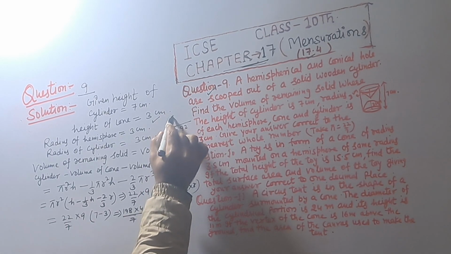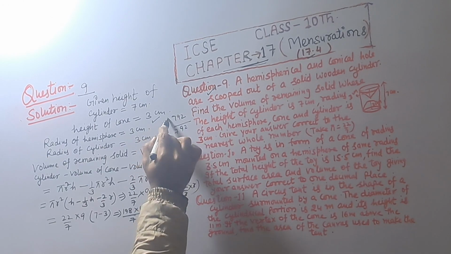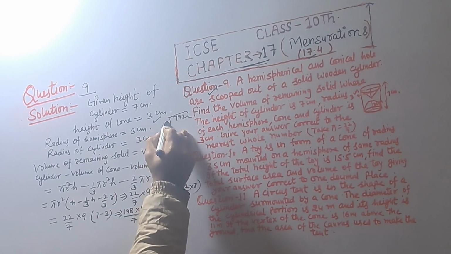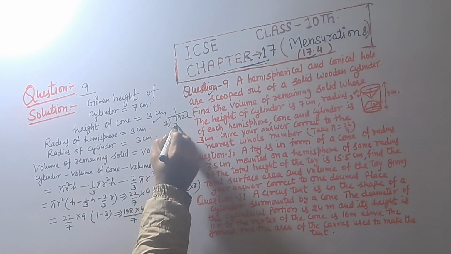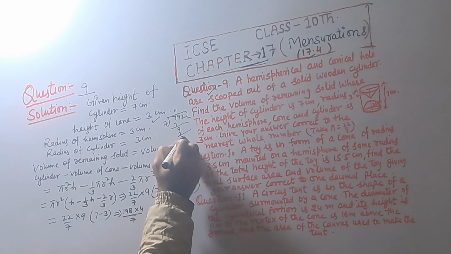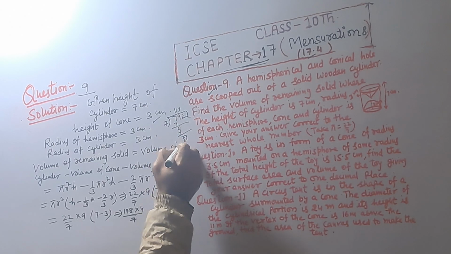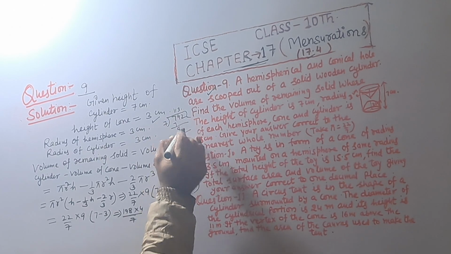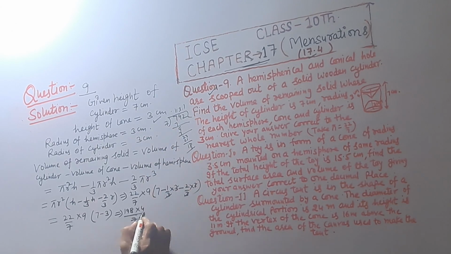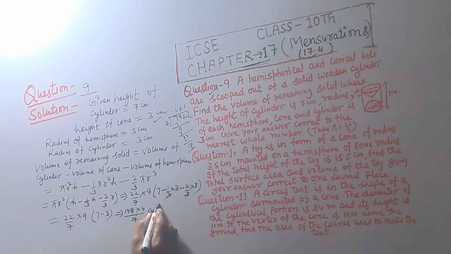We get 792 divided by 7. 7 1s are 7, 9. 7 1s are 7, 2. 7 3s are 21.0. 7 1s are 7, and that is centimeter cube.